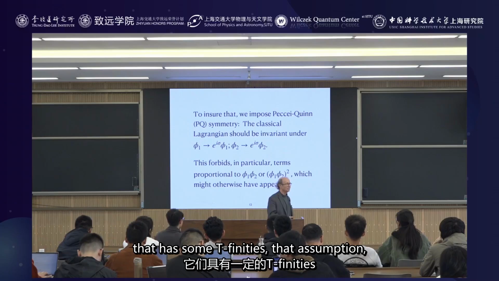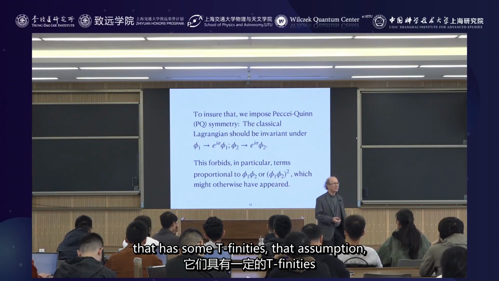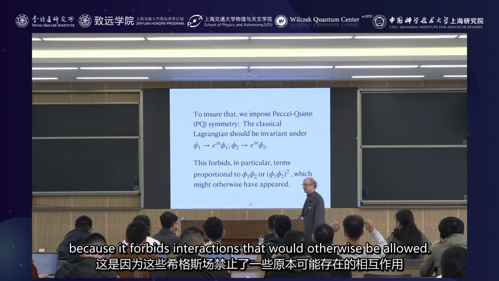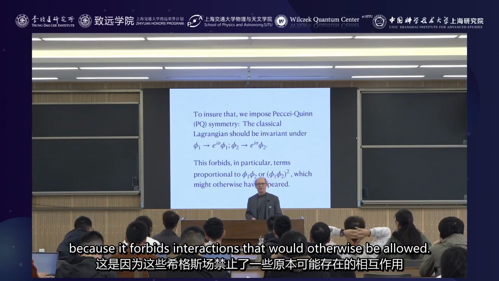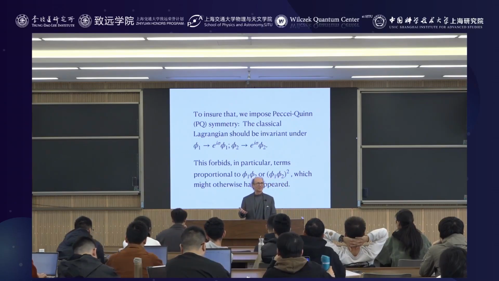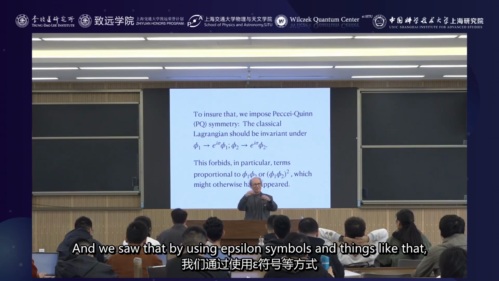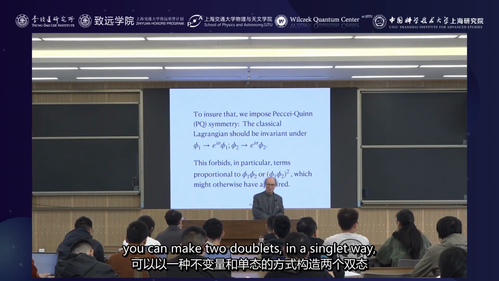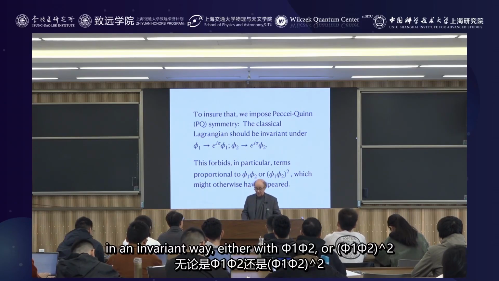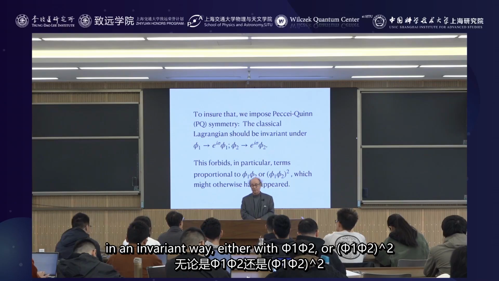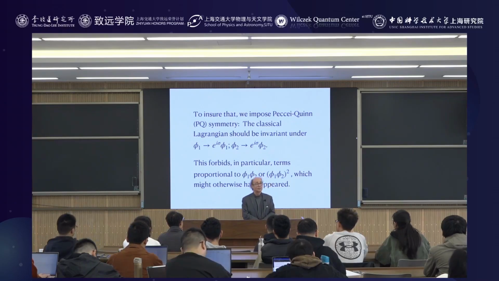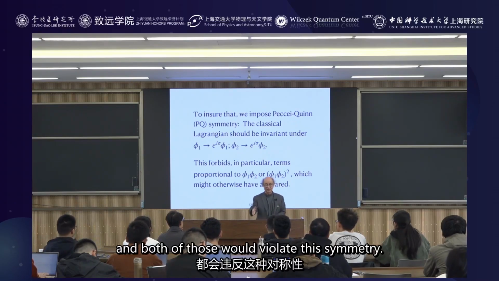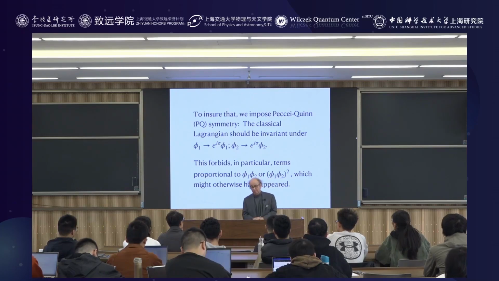That assumption has some teeth in it, because it forbids interactions that would otherwise be allowed. These are both doublets, and we saw that by using epsilon symbols and things like that, you can make two doublets couple in a singlet way, in an invariant way, either with phi 1 phi 2, or phi 1 phi 2 squared, and both of those would violate this symmetry.